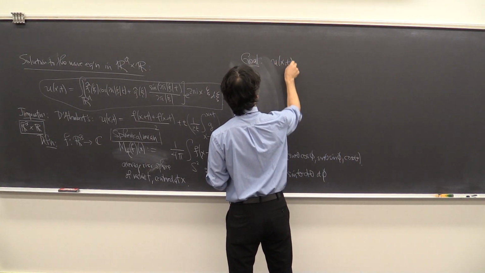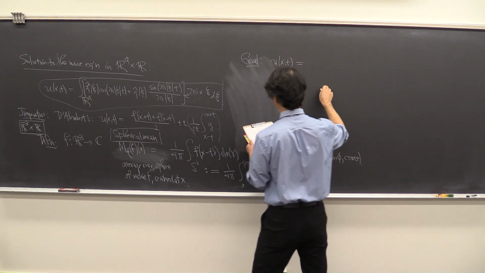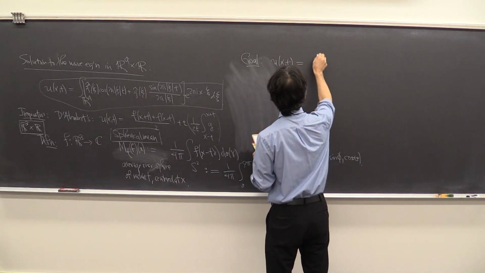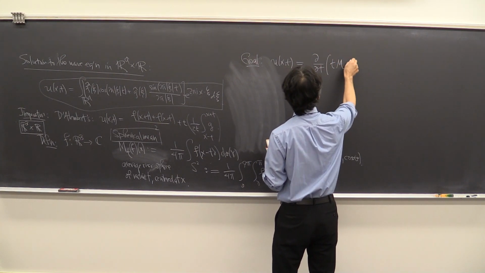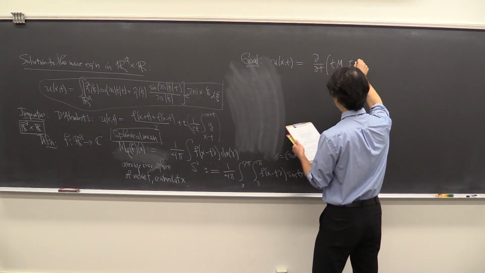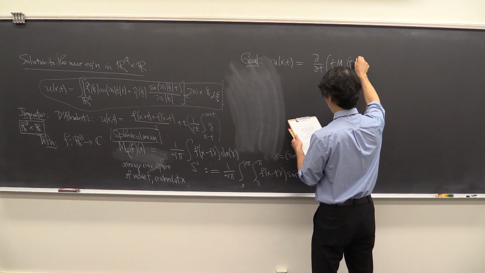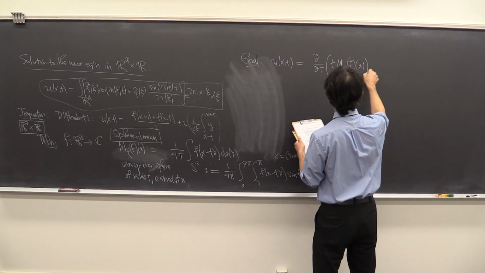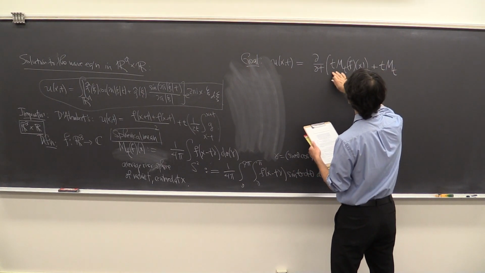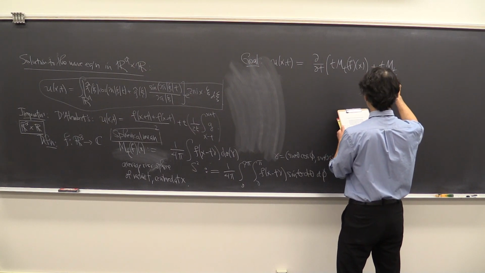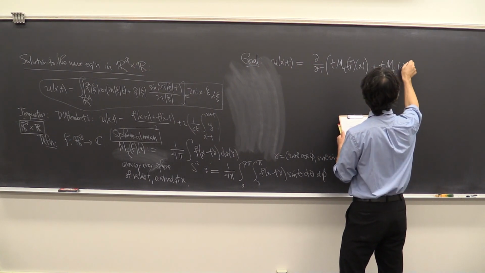We'll show that u of x, t actually is the partial with respect to t of t times the spherical mean of f, plus t times the spherical mean of g.